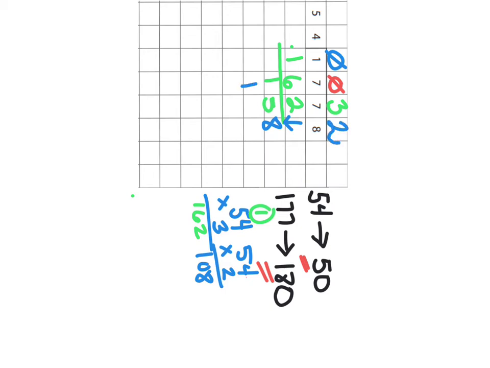So I'm going to put my 2 here, I'm going to put my 108 here, I'm going to subtract, and I have a remainder of 50. And you might say, well, 50 is a really big remainder, but one way to check is, as long as your remainder is smaller than your divisor, then you should be okay here. So my quotient would be 32 remainder 50.